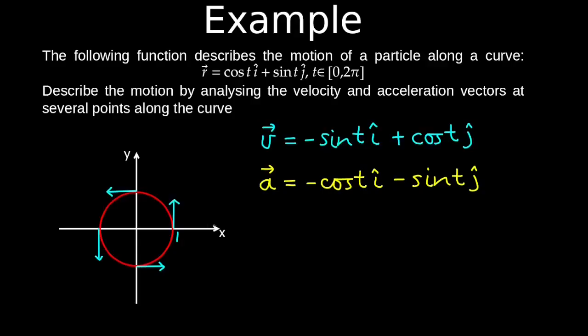And plugging in those different values for t, you're going to get the acceleration vectors all pointing to the center. So we call this acceleration a centripetal acceleration, or center-seeking acceleration, that keeps the particle travelling along a circular path.